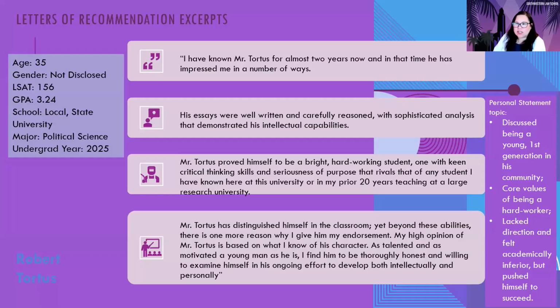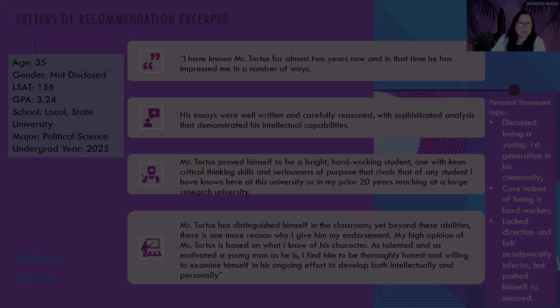They were local to the law school. They attended a state university. Their major was political science. Their undergraduate year was 2025. In their personal statement, they talked about being young and a first generation in their community. They talked about their core values, being a hard worker, but they were kind of just stuck, and they really have to push themselves to succeed. And then you've got the little excerpts there in the middle. So I'm going to let you read that for a second.